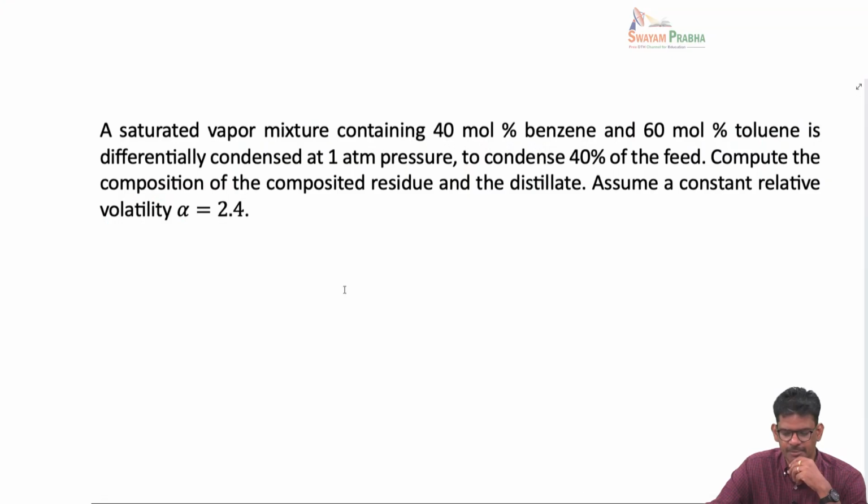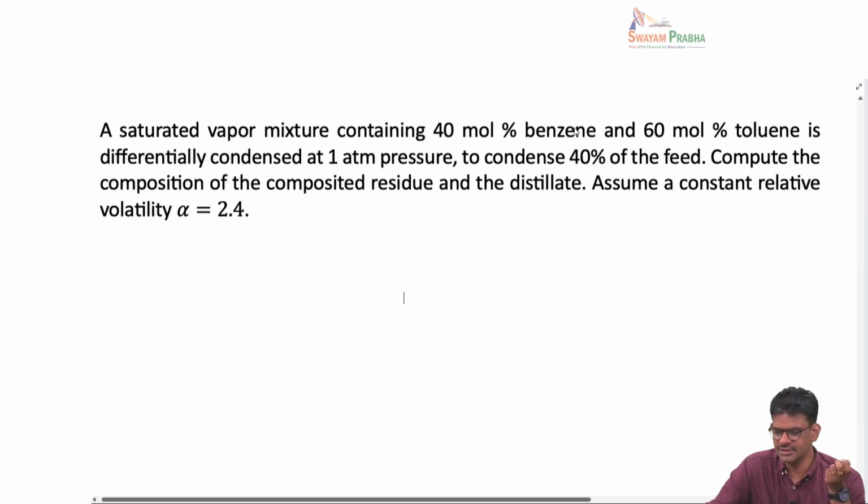So this is a problem of differential condensation. Generally, there is no question in the textbook or any other resources that I have been following, nor in GATE questions, but this is something that I set up based on what we discussed in the class. So here we have a saturated vapor mixture containing 40% benzene, 60% toluene, and it is differentially condensed at 1 atmospheric pressure.